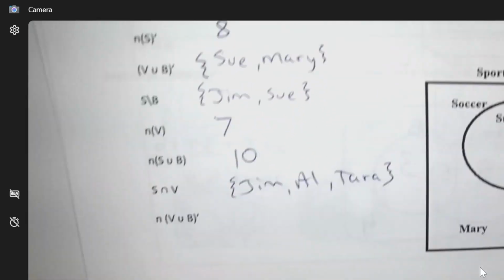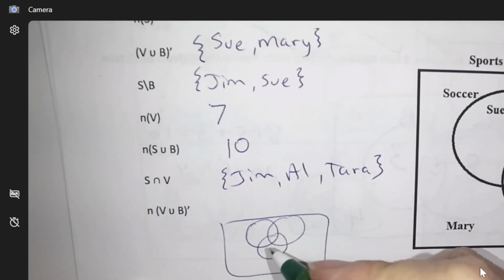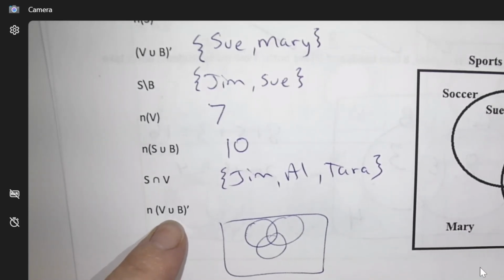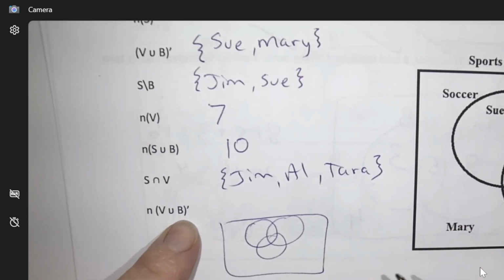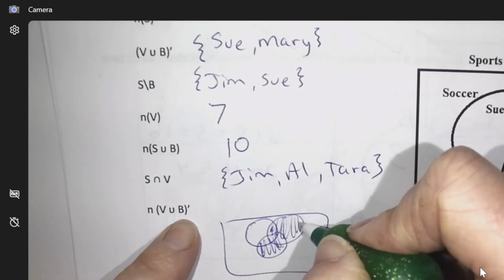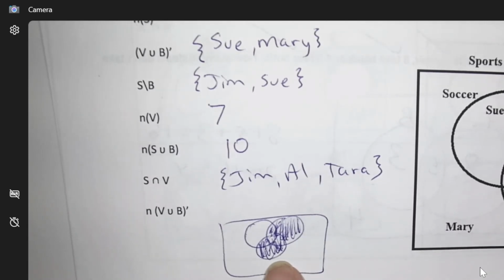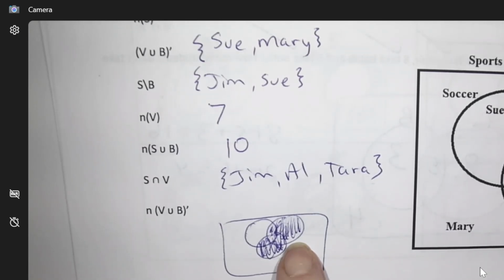Okay. I'm just going to map this out here. Volleyball or basketball would be this. Can you visualize volleyball or basketball? But I can't be that.